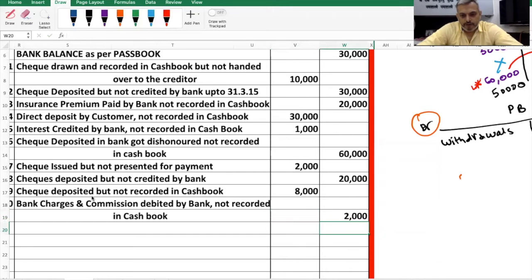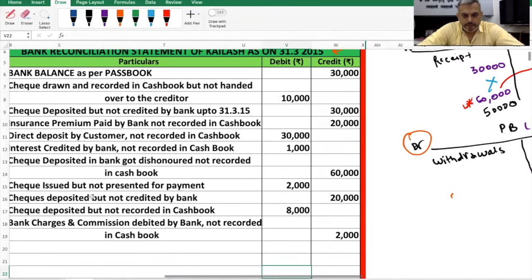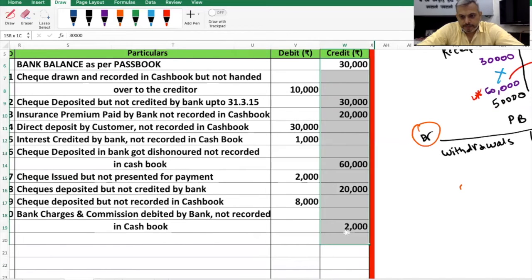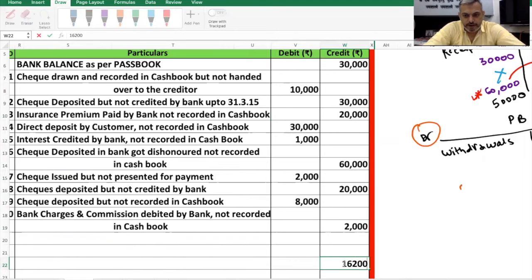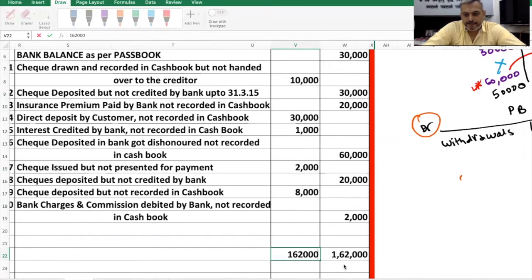Now the sum is over, so you leave 2 lines blank and you have to first see which side is more. So over here your credit side seems more. Let's check. 1,62,000 and 51. So first thing, on the credit side you do the total and write 1,62,000. The same you write on the debit side, 1,62,000, and from 162 you subtract all these amounts.